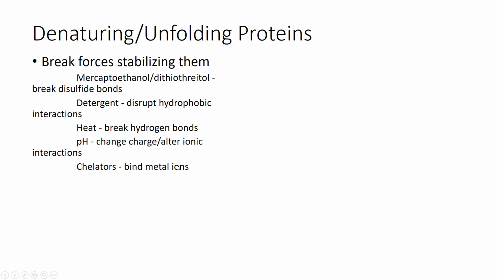The metal ions are part of the protein R group, and they are important for stabilizing the folding of the protein. So if you use a chelator, you're going to bind the metal ions and cause them to break apart and not hold or staple together these folded proteins.